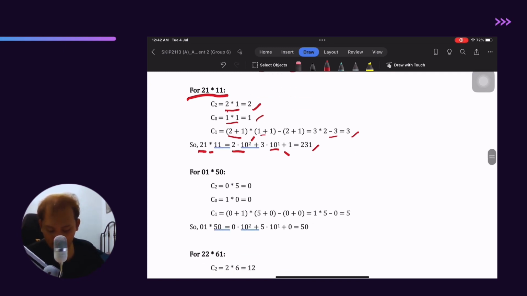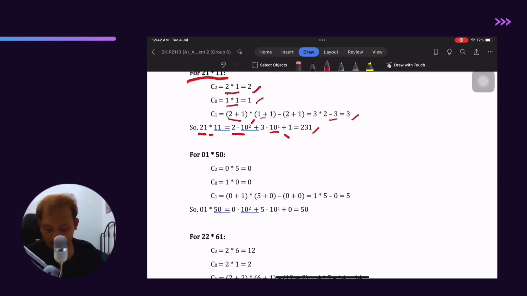Next, we'll be moving on to 01 times 50. For C2, 0 times 5 gives 0, and for C0, 1 times 0 gives 0. For C1, 0 plus 1 times 5 plus 0, minus 0 plus 0, simplifies to 1 times 5 minus 0, and we get 5.